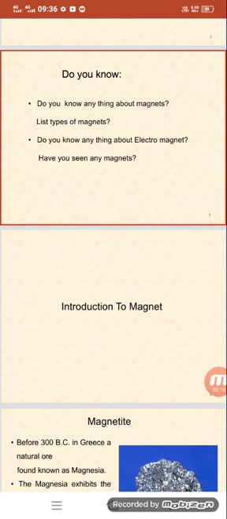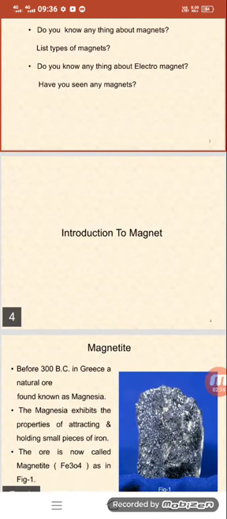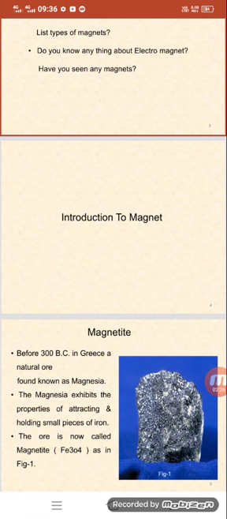Now, going to the introduction to magnets. Before 3000 BC, in Greece, a natural ore known as magnesia was found.